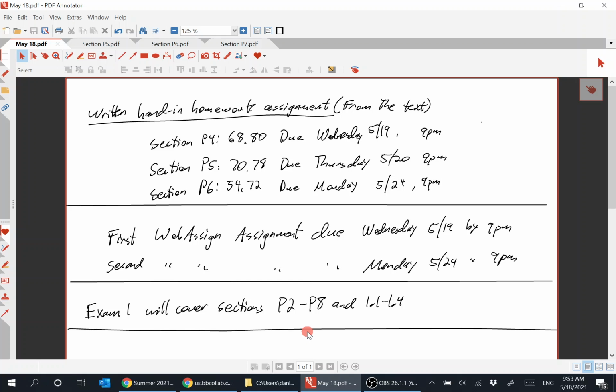Exam 1 is going to be covering sections P2 to P8 and sections 1.1 to 1.4. So we're not too close to finishing covering those yet. So I can't say exactly when the first exam is going to be.